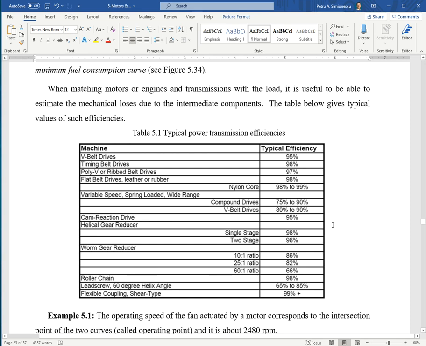Of course, multiplying numbers that are less than 1 makes the total even smaller. So 0.95 times 0.98 is 0.931, or 93.1% efficiency, having in series a one-stage gear reducer with a V-belt drive.